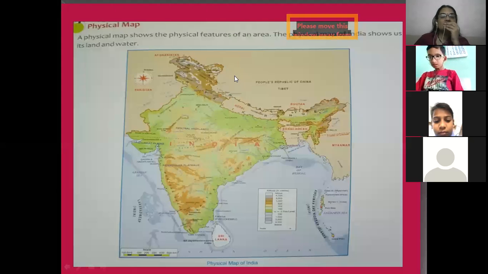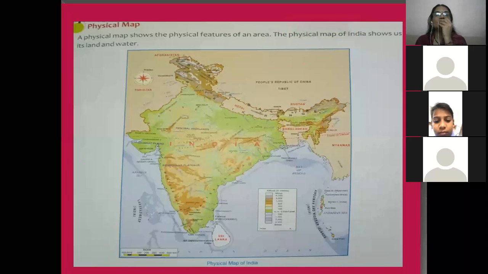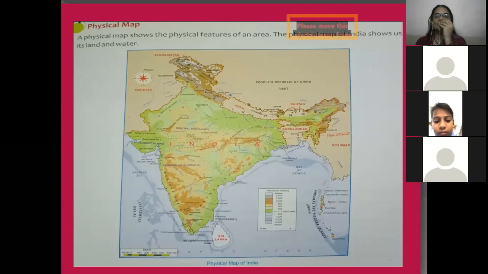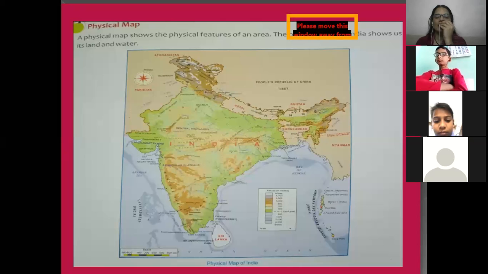Yes, students, you can see this on the screen. Physical maps show the physical features of an area. Physical features means, for example, if you want to tell about your friend, how he looks, you will tell about his physical features. Okay? He is very tall. His eyes are black. He has short hair.